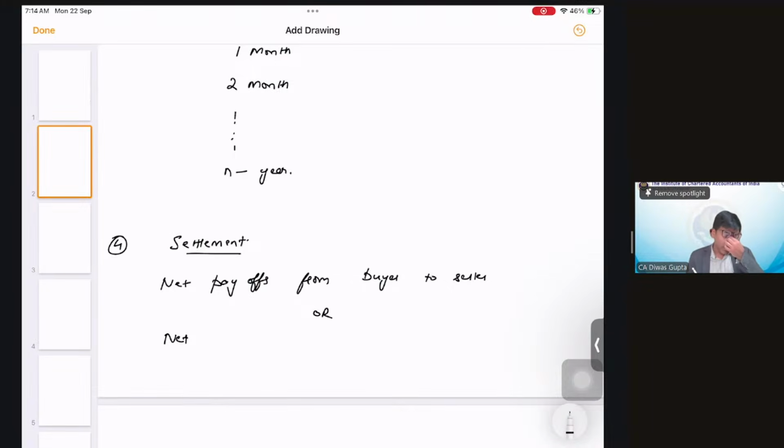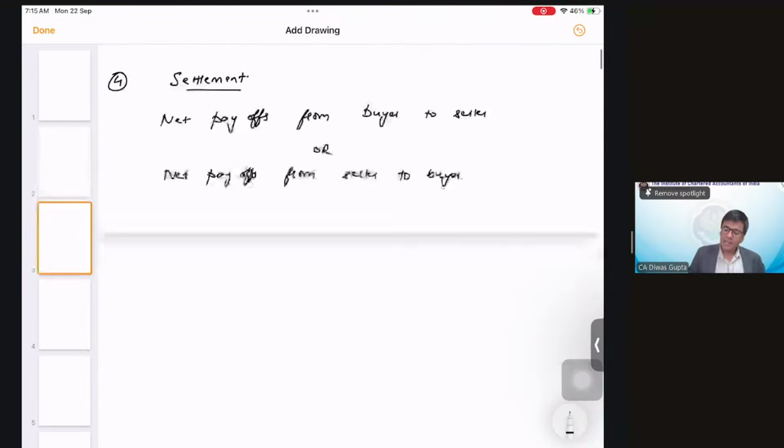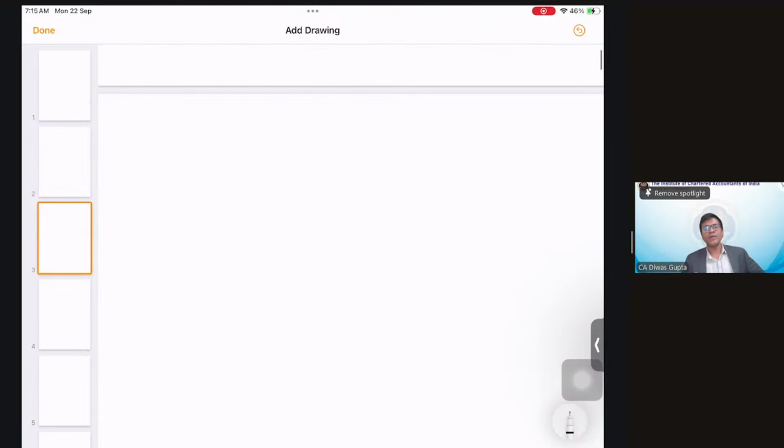So please be watchful about it, that in a general underlying transaction, only the buyer pays to the seller, right? But here the net payoff can also happen from seller to buyer. Okay. So these are the four features of derivatives.